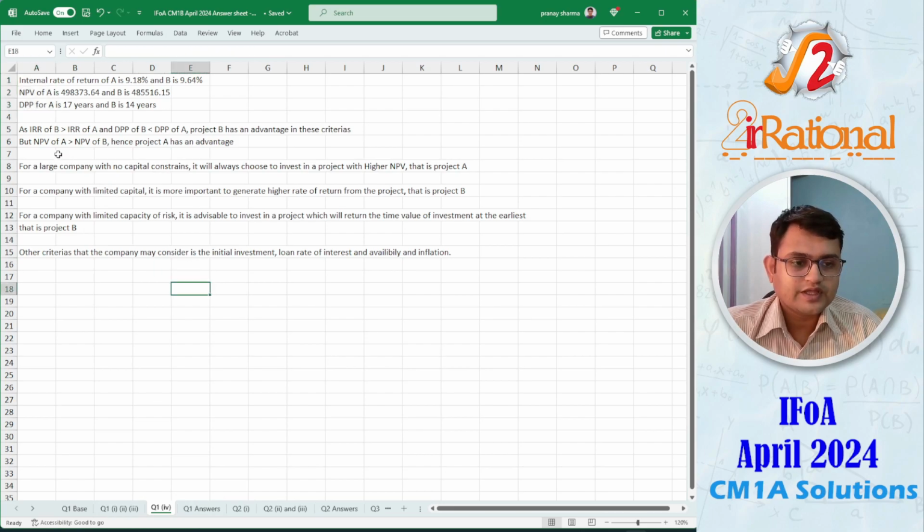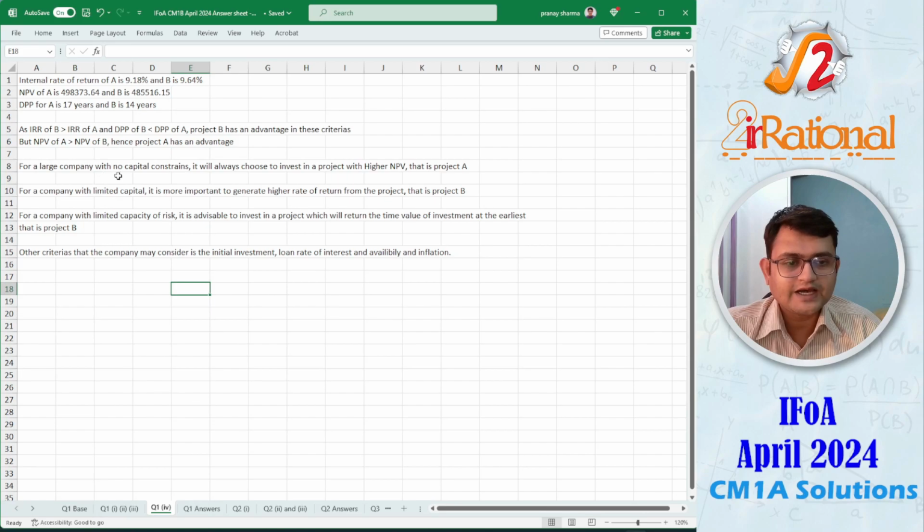DPP. Then as IRR of B is greater than IRR of A and DPP of B is less than DPP of A, project B has an advantage in these criteria, but NPV of A is greater than NPV of B, hence project A has an advantage. So we'll give both of them.